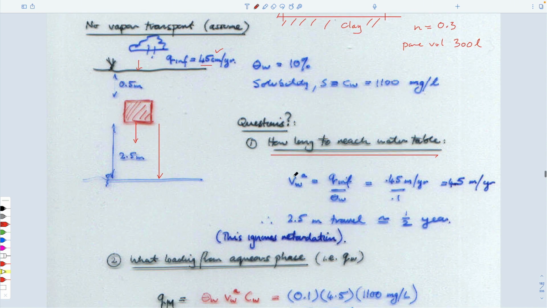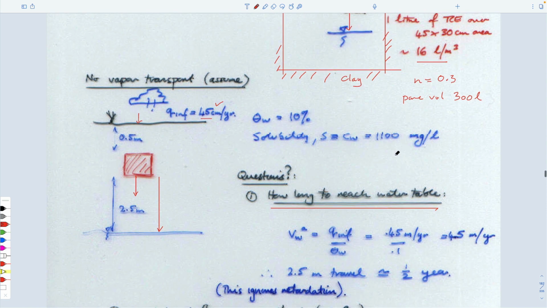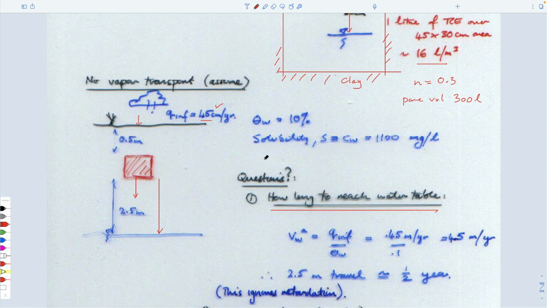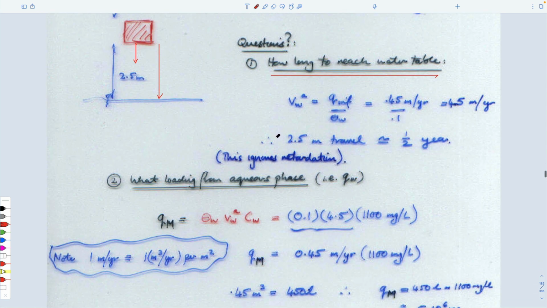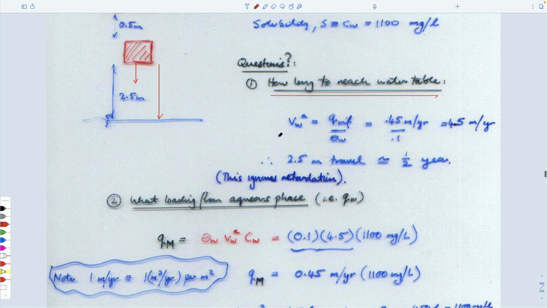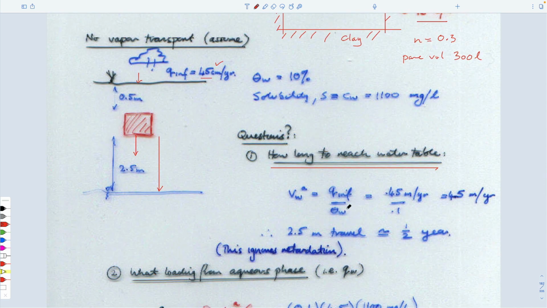So we can take the advective velocity, which is equal to the infiltration divided by the volumetric moisture content, which is equal to, actually I guess this is 0.1. And so this is assuming that if the water content is 0.1, does it have a gas content? No, doesn't define it. Then the advective velocity is equal to this. So it travels at 0.45 divided by 0.1, 4.5 meters per year.